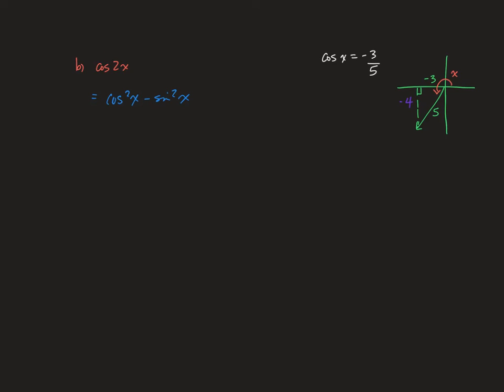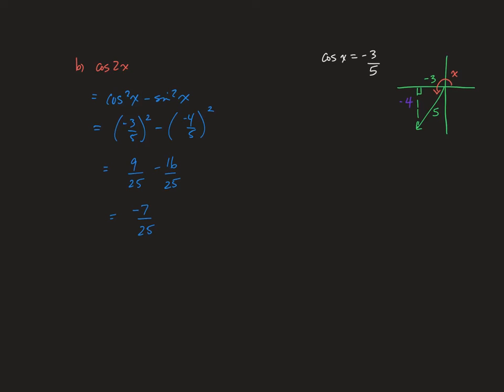Then I can take what I see on my diagram: my cos squared would be my cos, negative 3/5 squared, minus my sine squared, which would be my negative 4/5 squared, and now I could calculate. I'm going to square the top and the bottom, square the top and the bottom. I have common denominators, so when I collect, I get down to my negative 7/25.